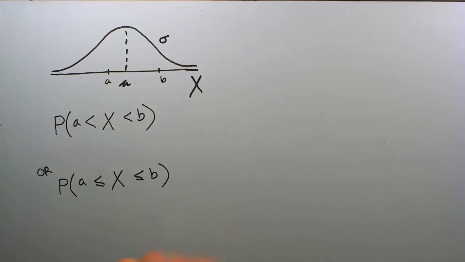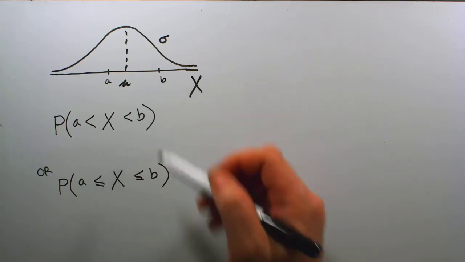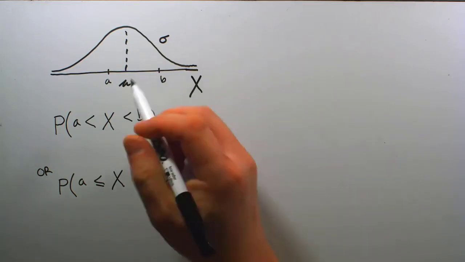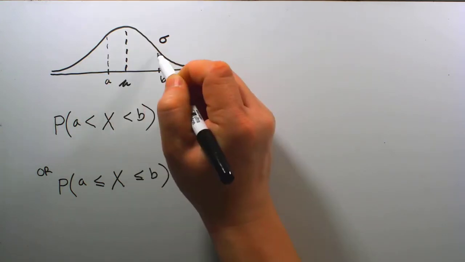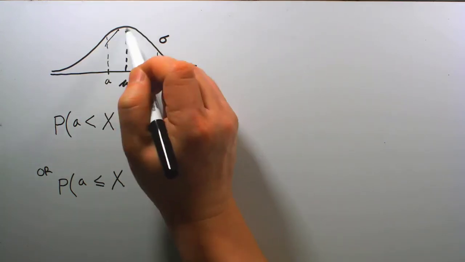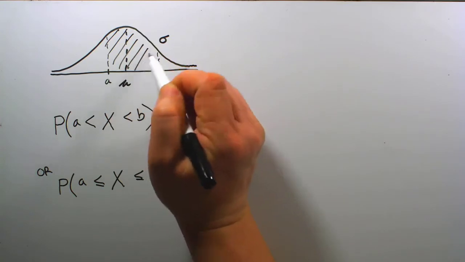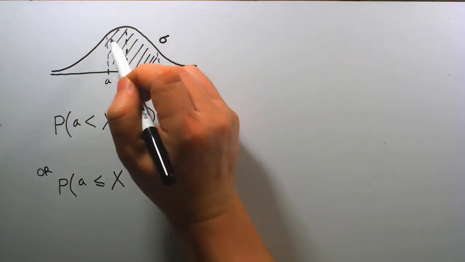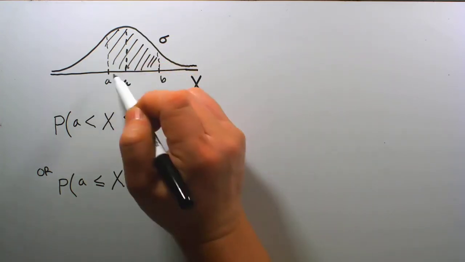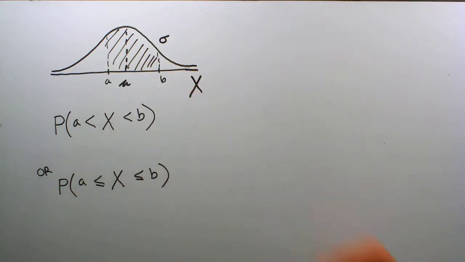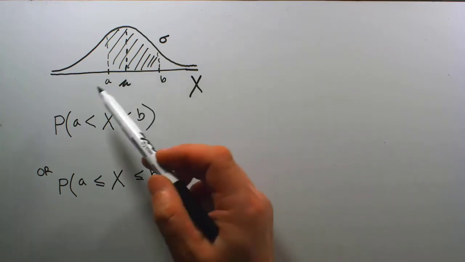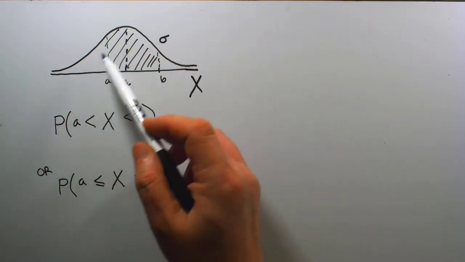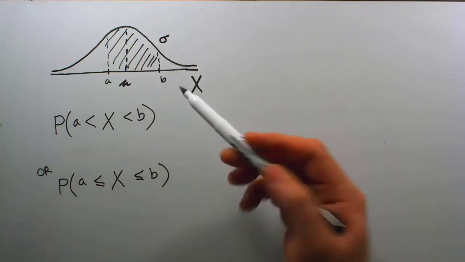And so either one of these two probability questions is graphically understood as the area shaded inside the interval here on the bell curve between a and b. But this is just a property that's always true for any probability density curve, any PDC existing out there.